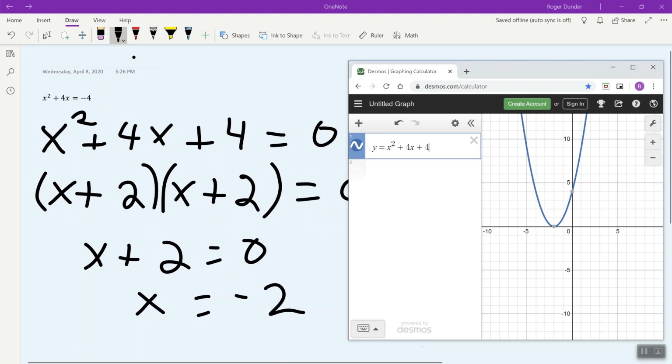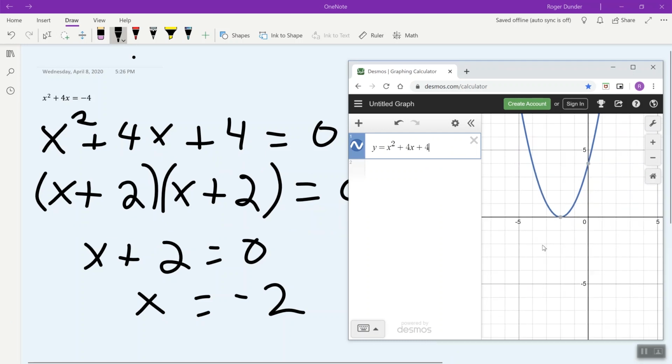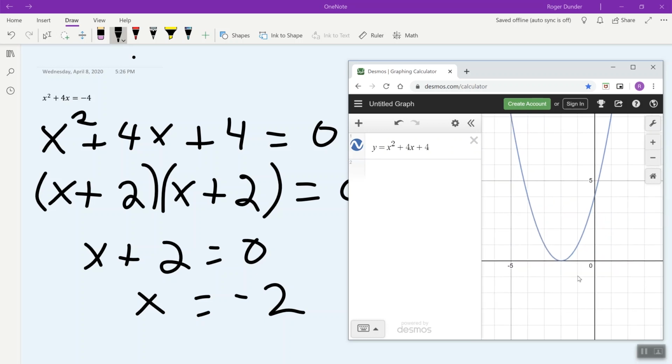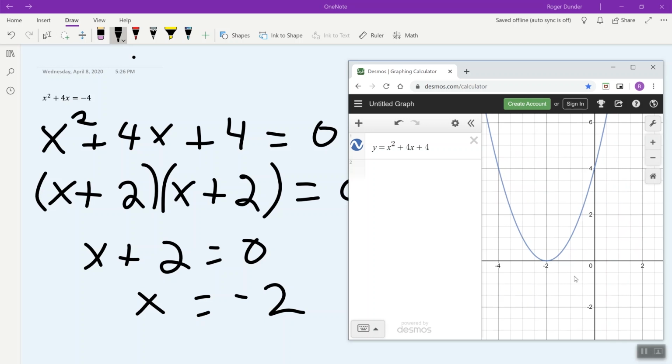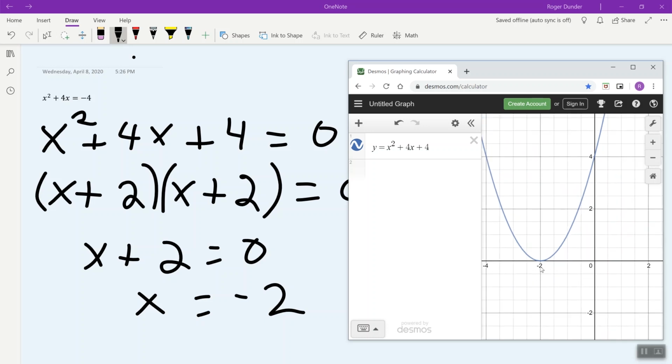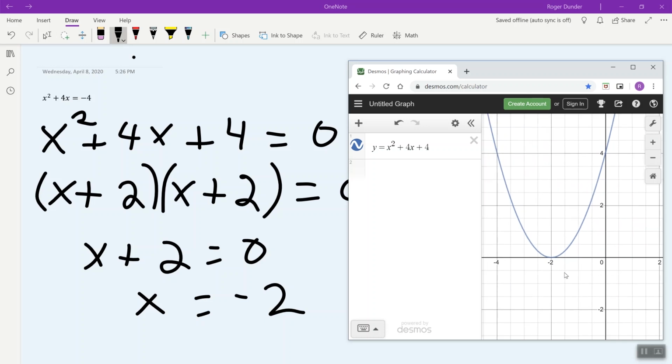x squared plus 4x plus 4. Now, if we zoom in on this graph, move it around a little bit, you'll notice that the vertex is right at negative 2. Notice on this equation over here on our left, we have x equal to negative 2. X equal to negative 2 is what we solved when I was writing with my finger on the screen.